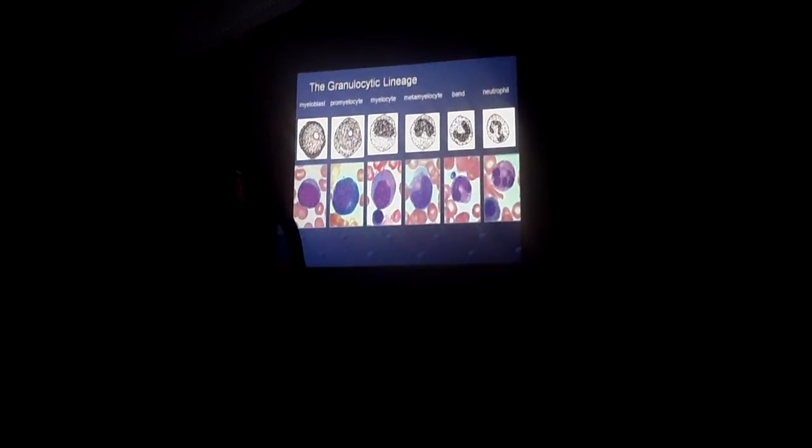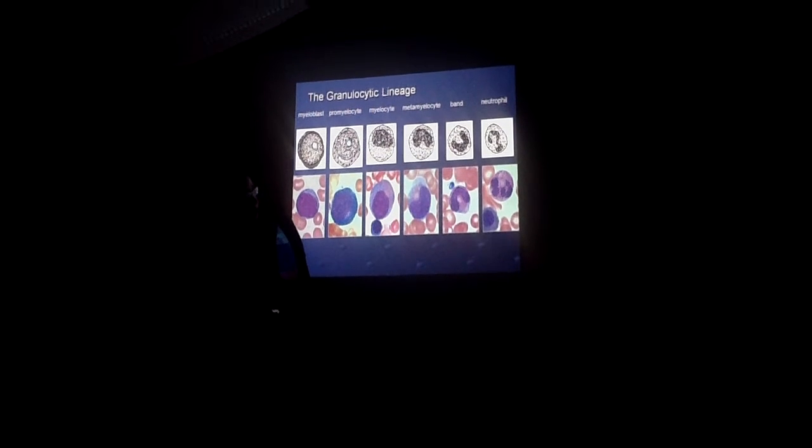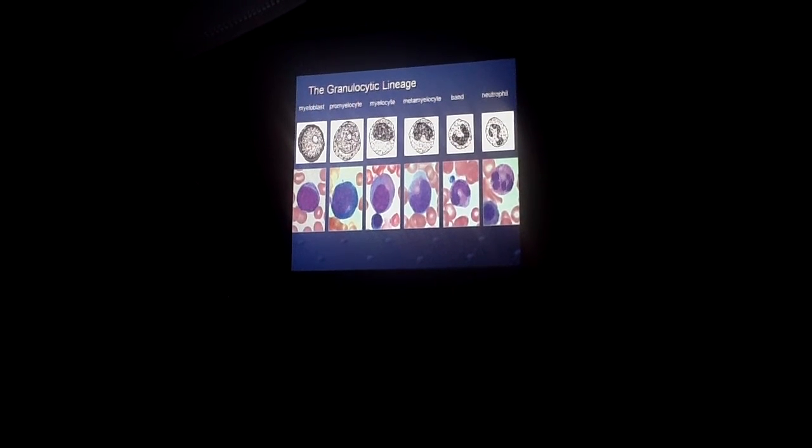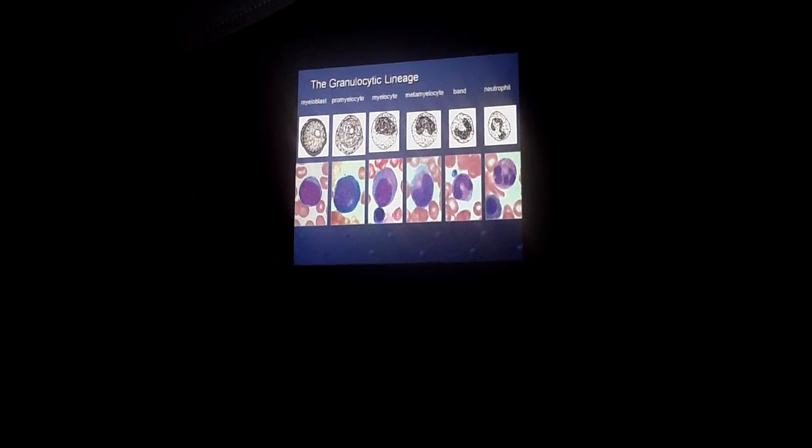These are the cells which are responsible for producing the granulocytes. Aside from the neutrophils, what are the other two? Eosinophil, basophil. Okay, the eosinophils and the basophils plus the neutrophils will comprise the granulocytes.